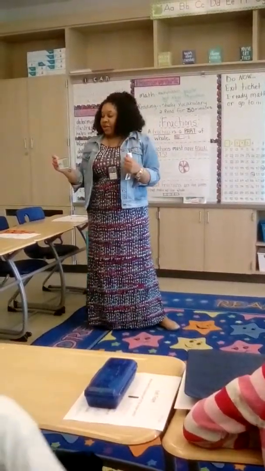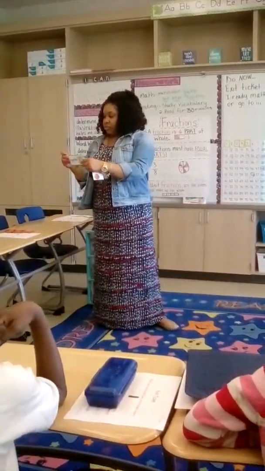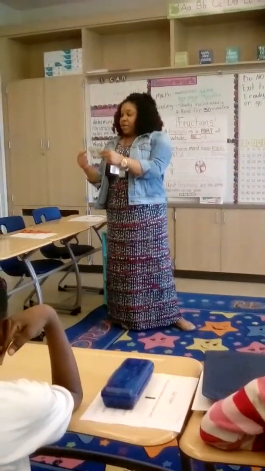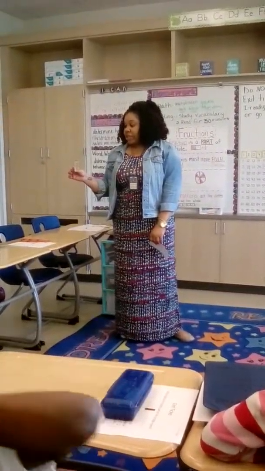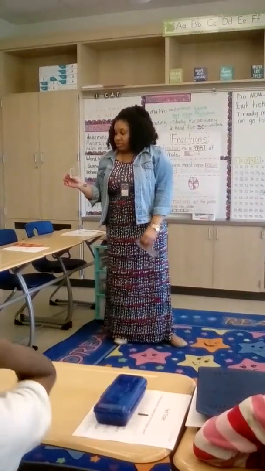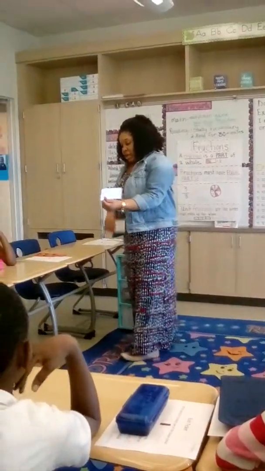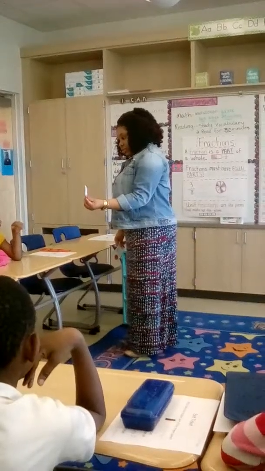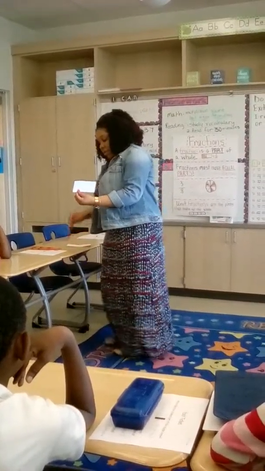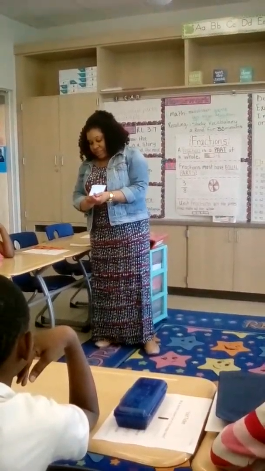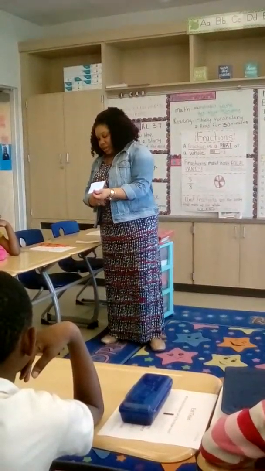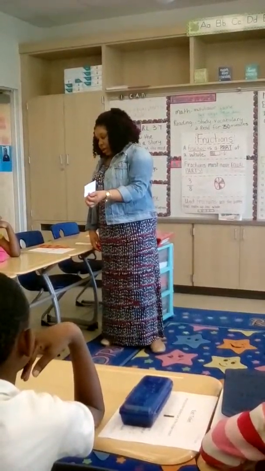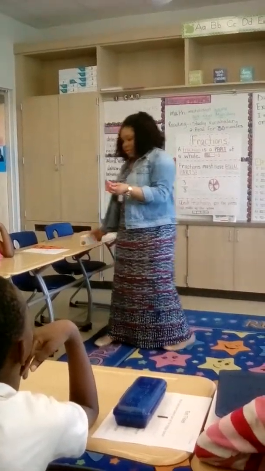There's 1/8, but how many parts of this fraction are here? If this is 8 and 1/8 is the unit fraction, how many equal pieces are here? 8. Very good.